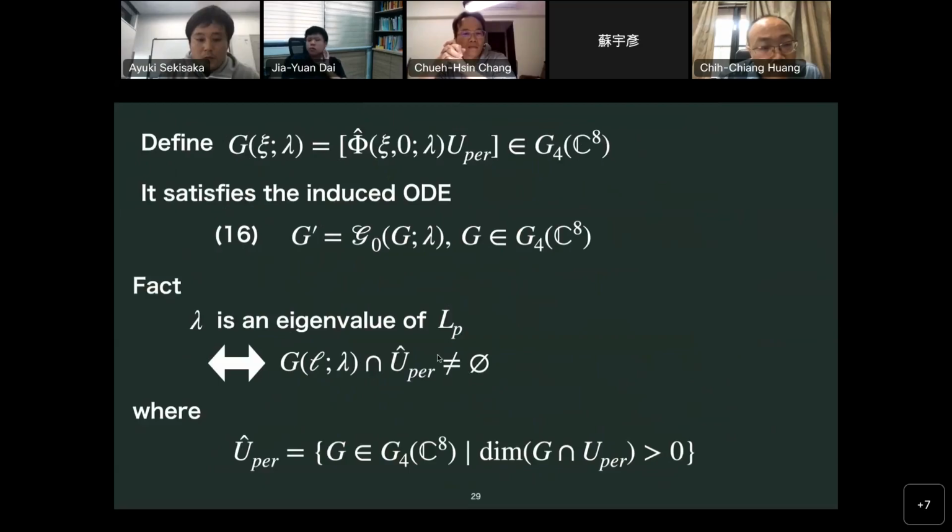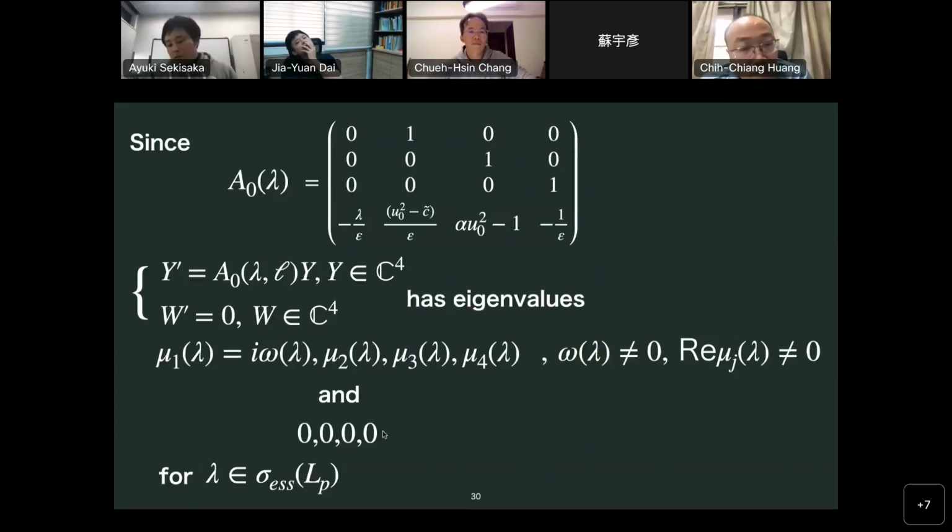Also, where U per hat is also like this. This is also a boundary condition of the Grassmannian manifold. Okay, so the constant matrix as a function of lambda is equal to like this. And the extended system has eight eigenvalues.